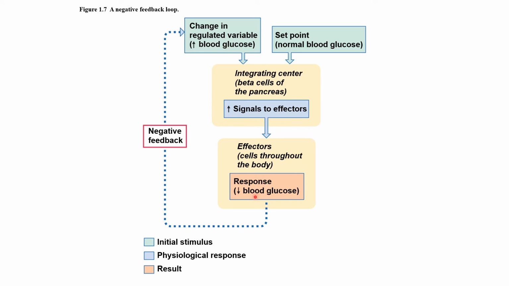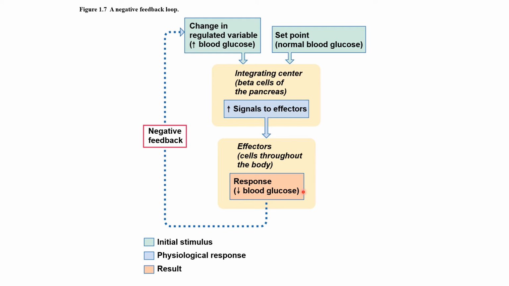So notice how you are counteracting the change, and how you are not reinforcing it. On the other hand, you are actually trying to decrease it. And so by dropping your blood glucose level, you are basically going to shut down that loop, because you've brought it down to the normal levels that you are after.